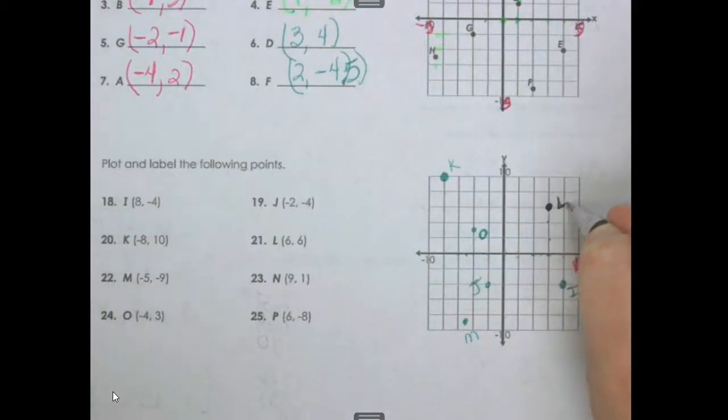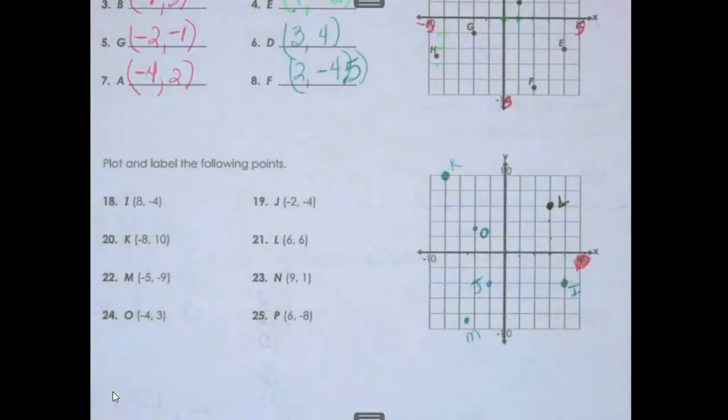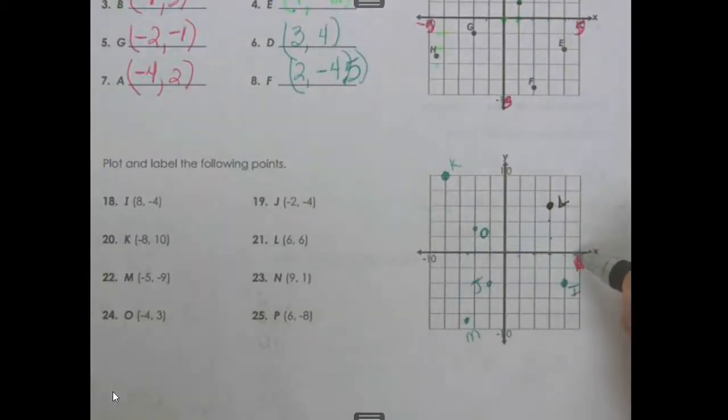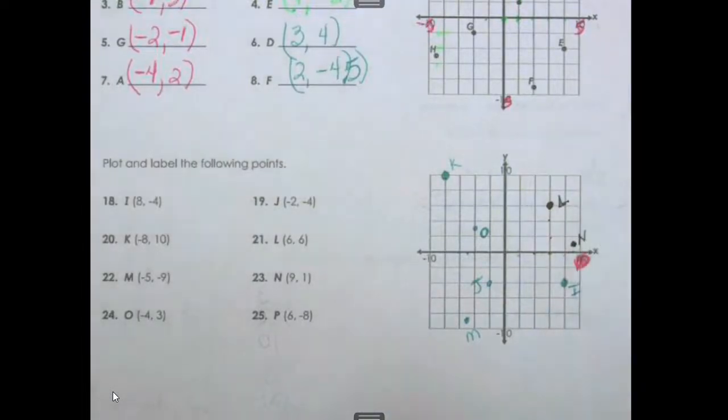And this is L. 9, 1. So this is going to be in the middle of 2 lines. Here's 10, so this will be 9. And I'm going to go up to 1, and that is N. Start at 0, 0, and go to 6, 2, 4, 6, and down to negative 8. 2, 4, 6, 8. And this is P.